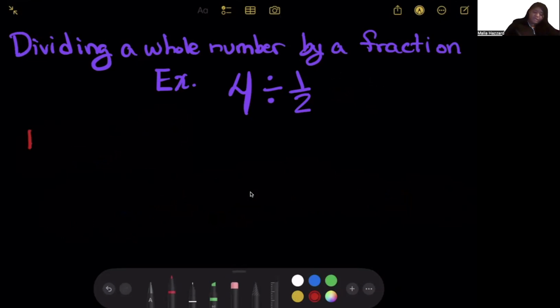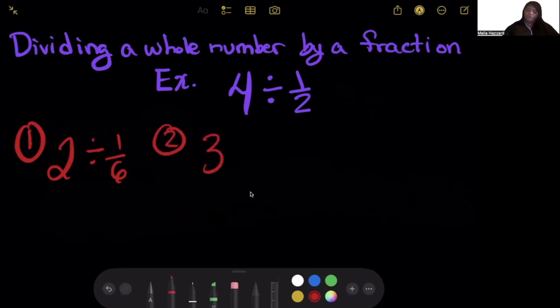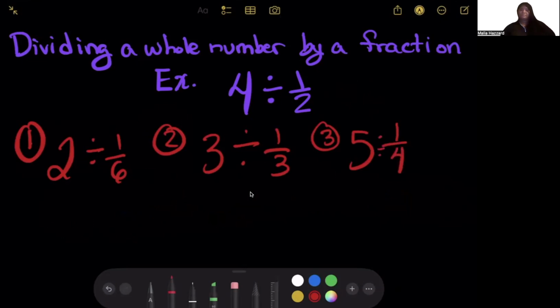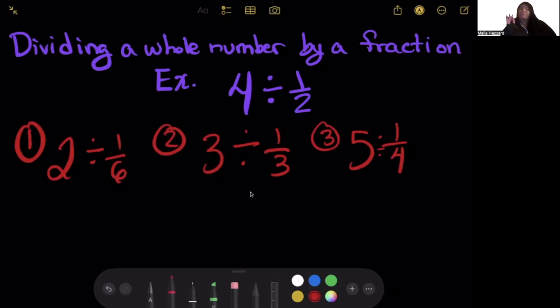All right, so here are your 3 problems. 2 divided by 1/6. 3 divided by 1/3. And 5 divided by 1/4. Pause this video, take about 3 minutes to see if you can solve these on your own.